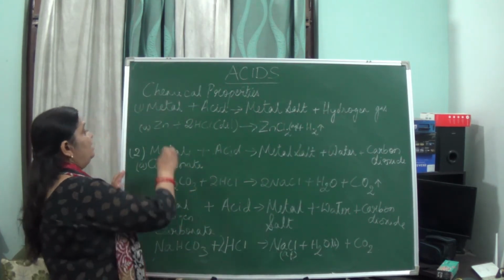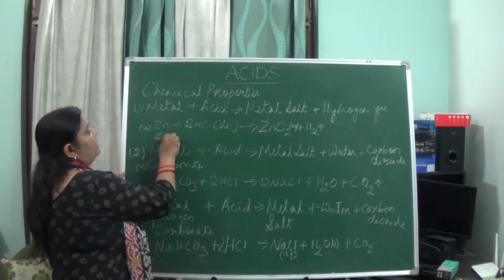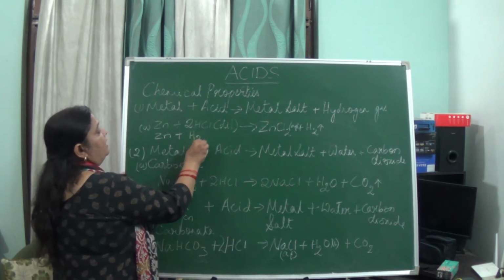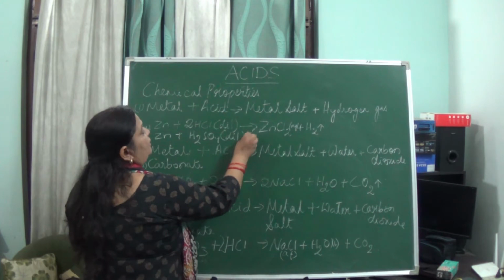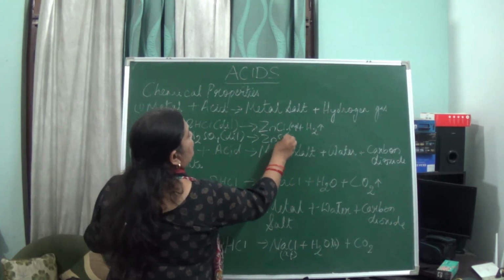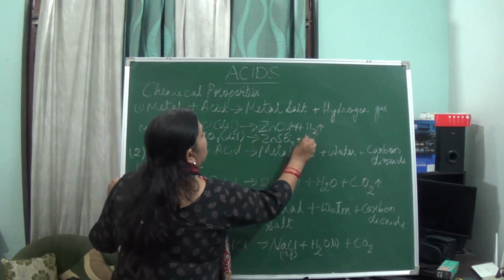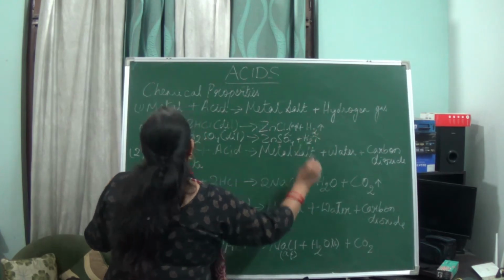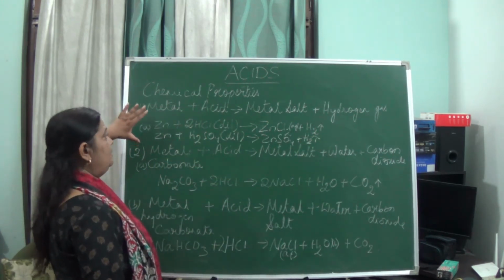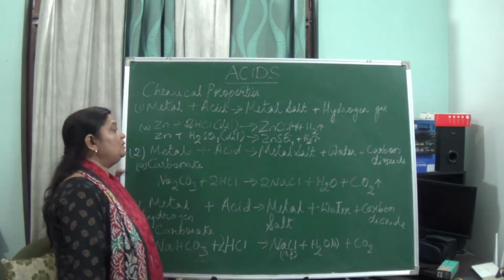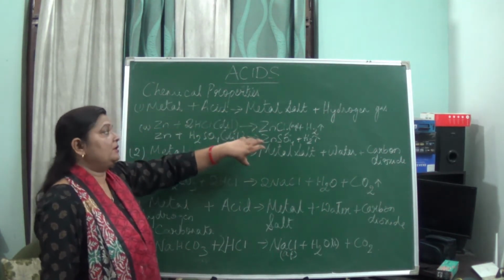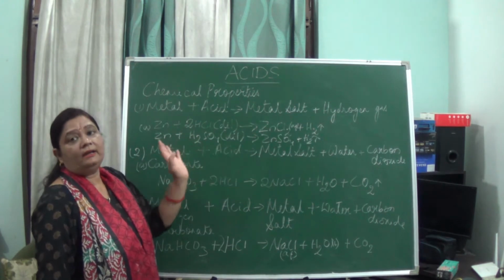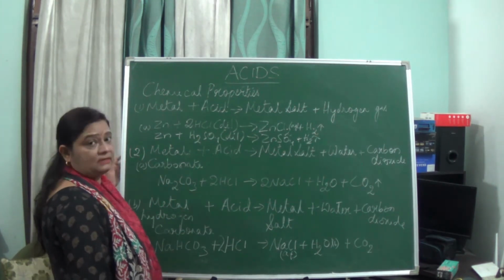You can also take the example of Zn plus H2SO4, dilute only. You will get ZnSO4 plus H2. So we are seeing that metals react with acids to form the corresponding metal salt, and hydrogen gas is liberated.